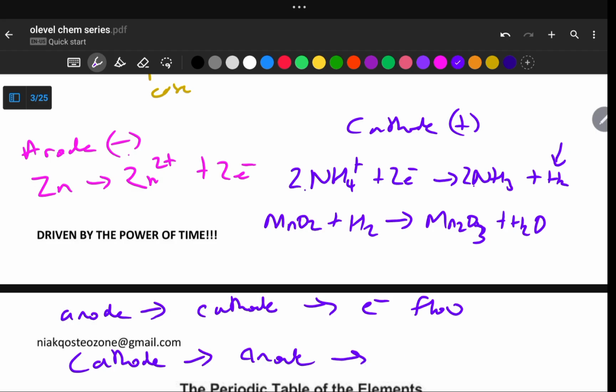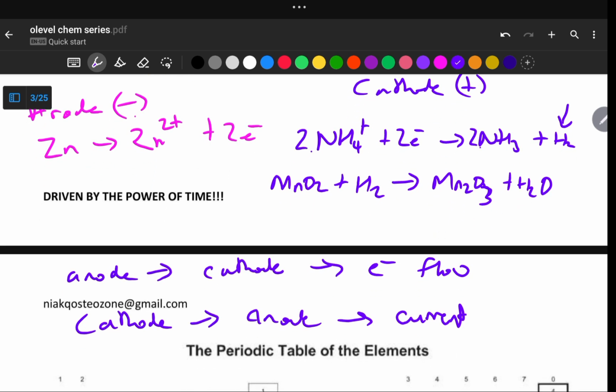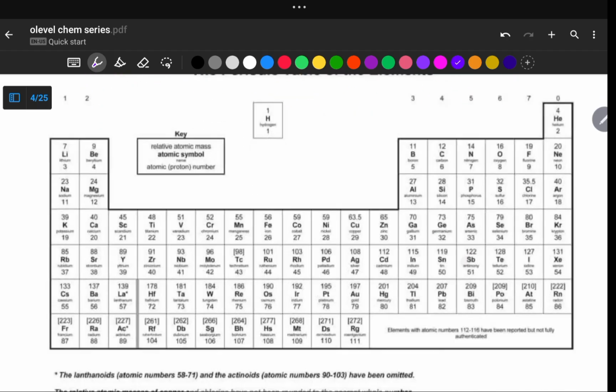So this is the flow of current, as simple as that. This cell will provide a potential difference of about 1.5 volts, right?